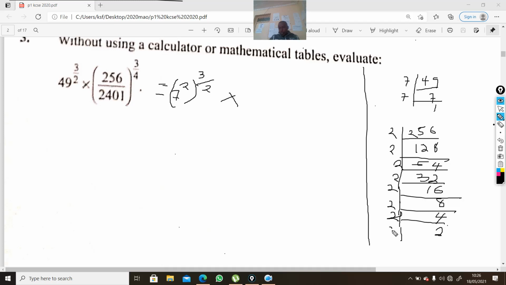And finally 2 comes to 1. So we shall have 1, 2, 3, 4, 5, 6, 7, 8. It is 2 power 8.